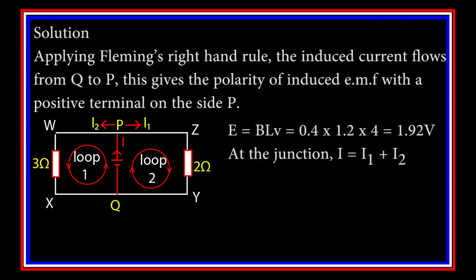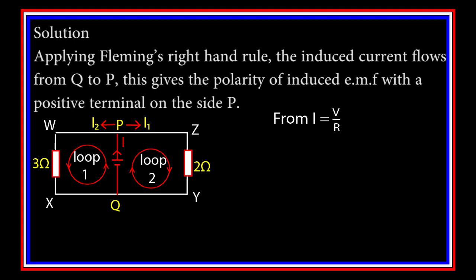V. At the junction, I is equal to I1 plus I2. From I is equal to V over R, considering loop 1, I1 is equal to 1.92 over 3.